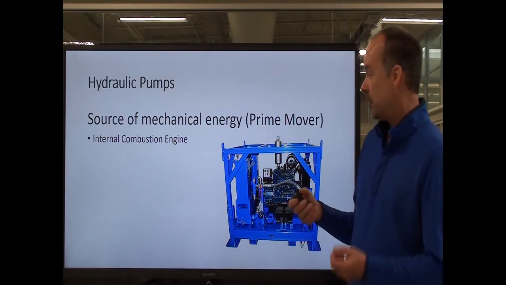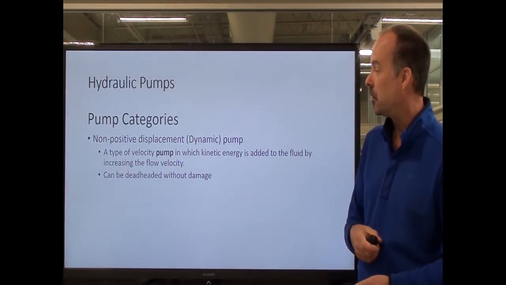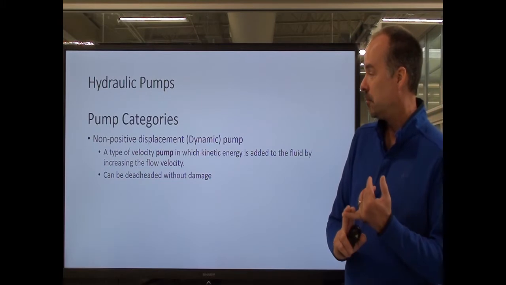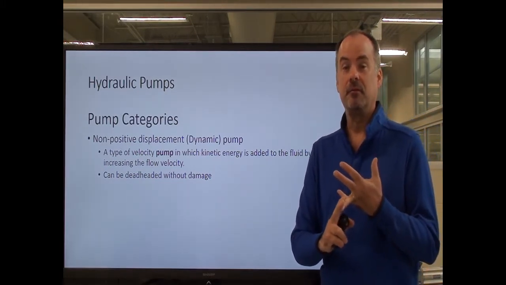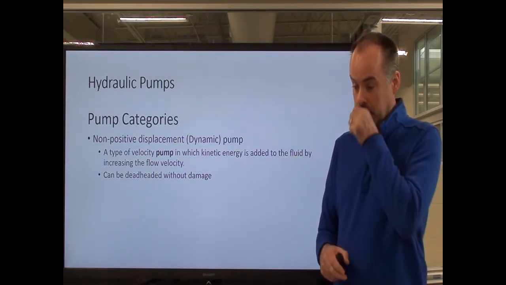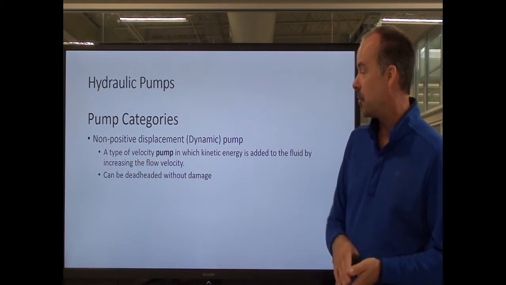So moving along, we have 2 different types of pump categories as well. We have non-positive displacement pumps or dynamic pumps, and then we also have positive displacement pumps. And there's a pretty significant difference. We'll look at the dynamic pump first.